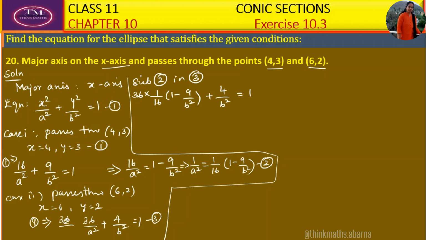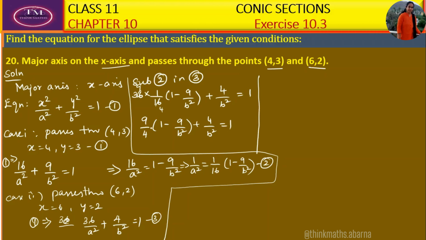Okay. So 36 by 16 we will cancel by 4 table. 4 fours are 16, 9 fours are 36. So 9 by 4 into 1 minus 9 by b square plus 4 by b square equal to 1.